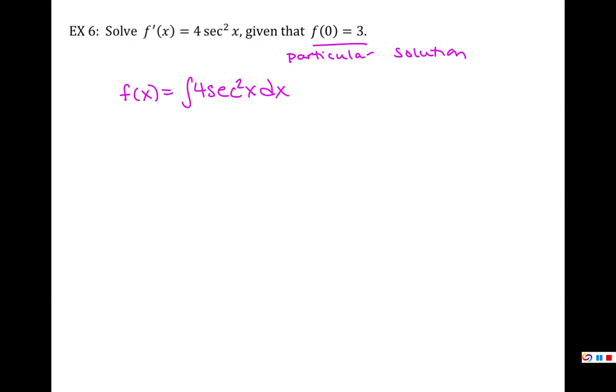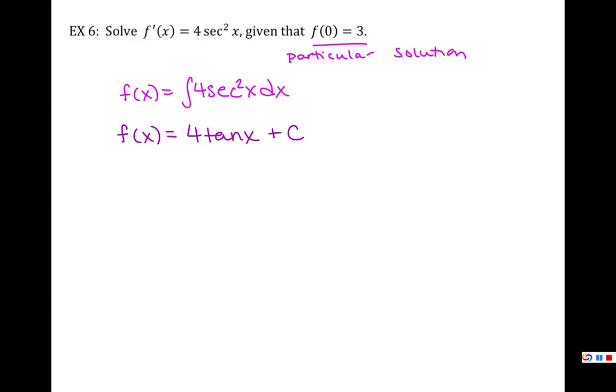So I'm going to start by finding the antiderivative of 4 secant squared x. The 4 stays there. This one you just have to memorize. It's on that slide from earlier today. But we're really trying to think, well, what function has a derivative that's secant squared? And the answer is tangent. So my function would be 4 tangent x plus c.